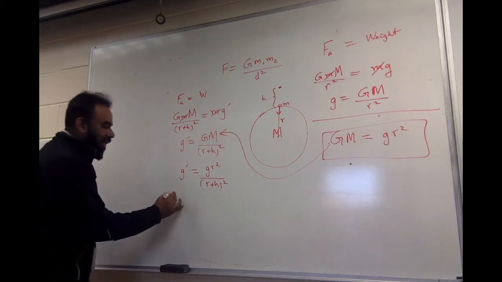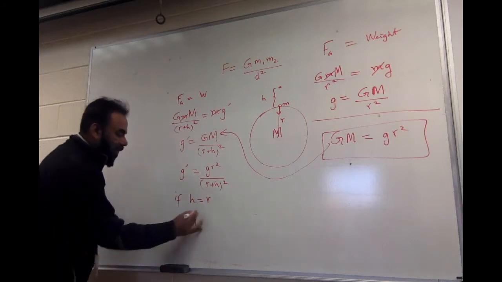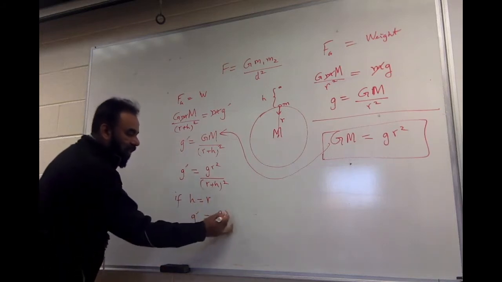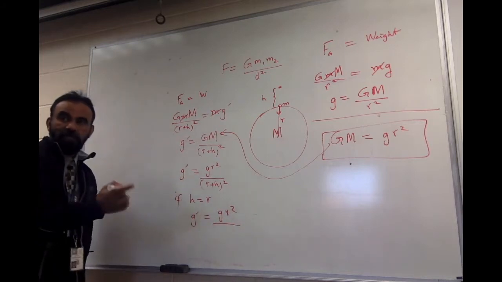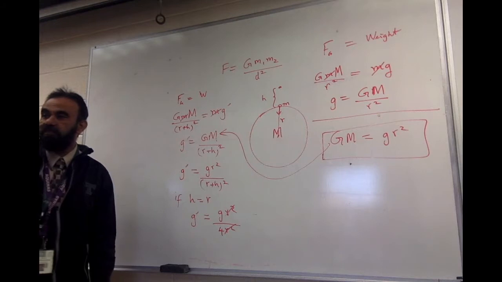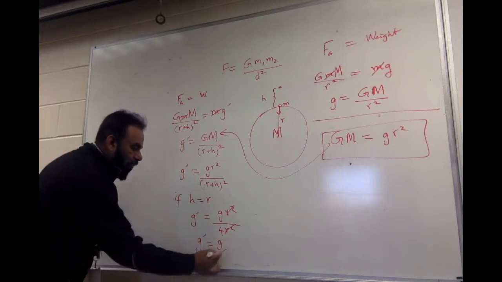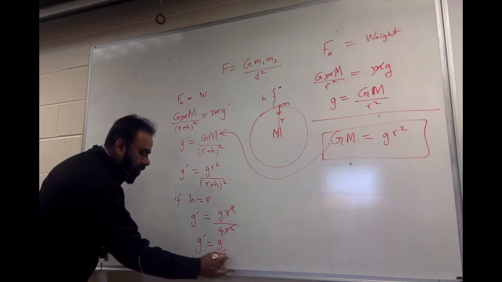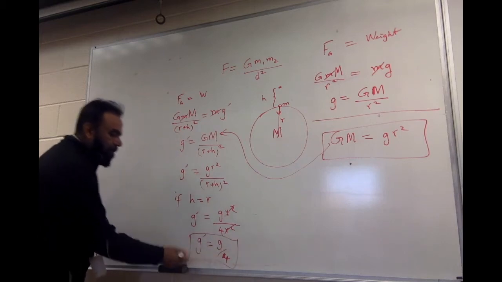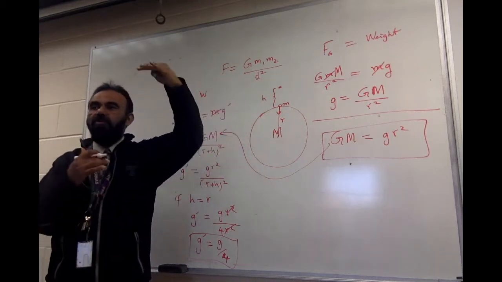So what will happen if h is equal to r? It will be g prime is equal to gr square over 4r square. R square is gone. So g prime is equal to g over 4. This is when you go to a height equal to 1 radius.